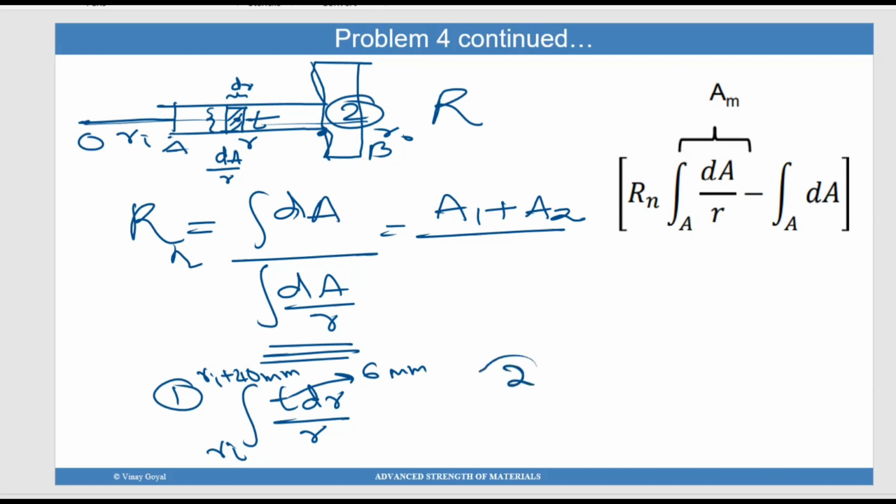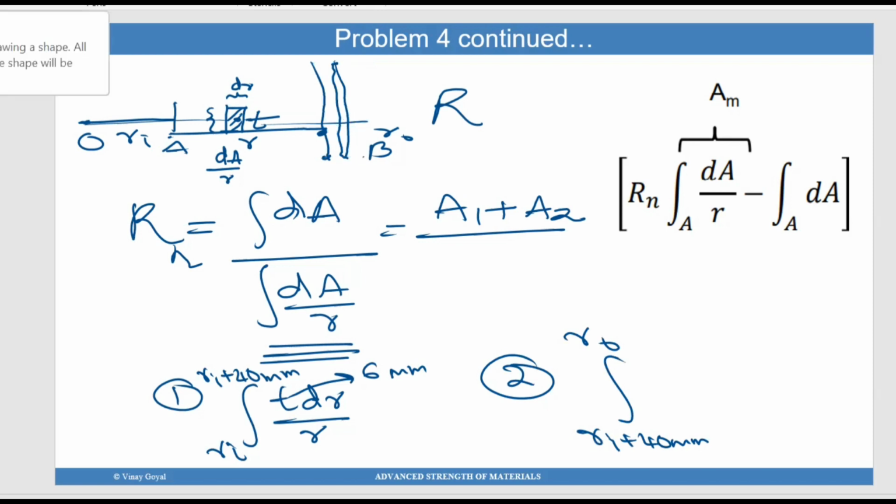And you do similarly for the second part. You do Ri plus 40 millimeters to R naught. So from this R to this R, you take a small area. I'm going to delete this part. Okay, and now I'm taking a small area again, where this is dr, and this is 30 millimeters as far as I remember.